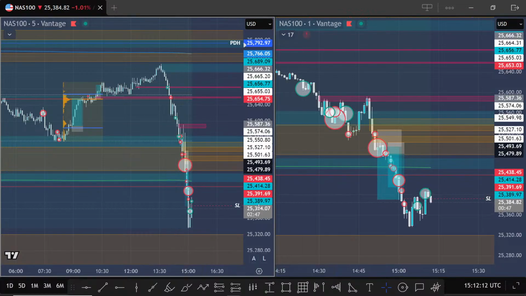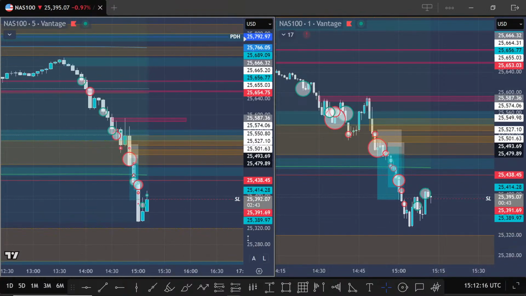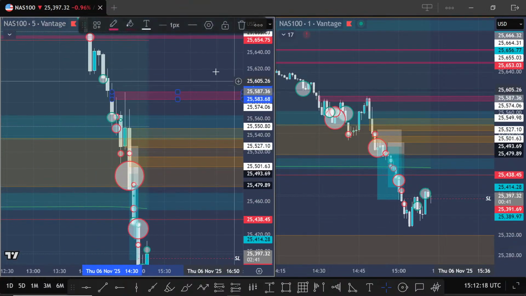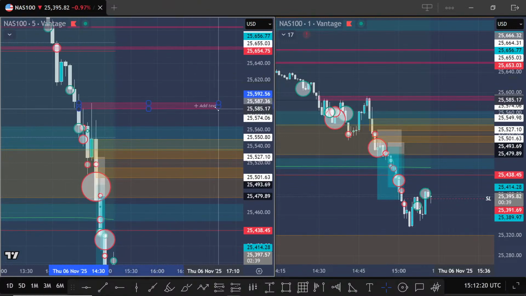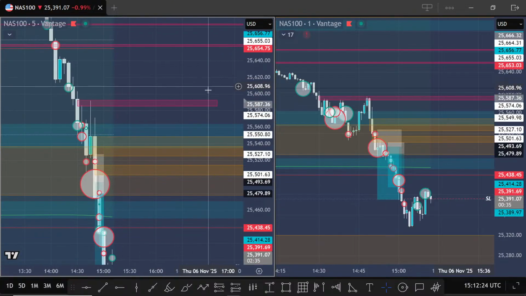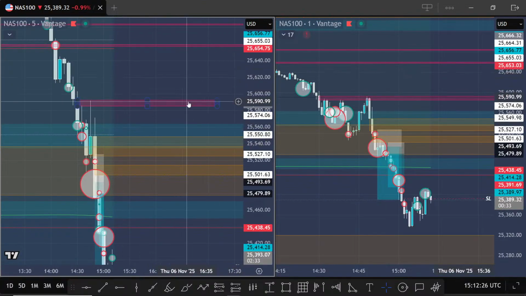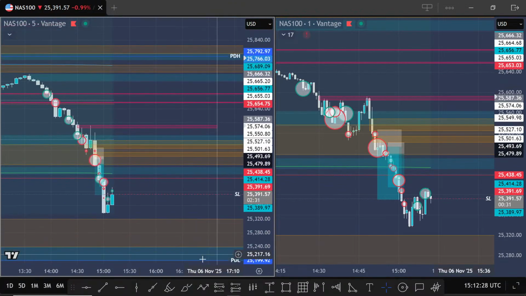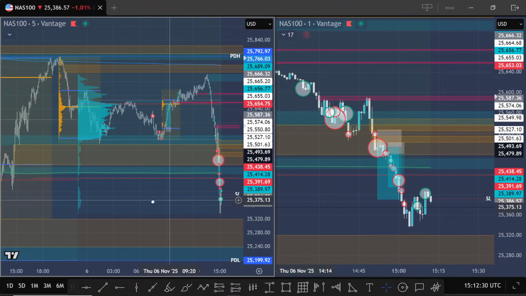So basically for me, from where we were before, there's still this original decision level. I'd be interested in looking at what happens on the footprint chart, and what happens to the aggressive buys and sells, to the big market orders around this level if we get back up there.